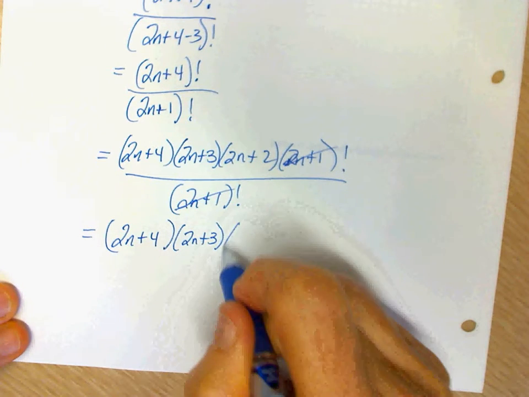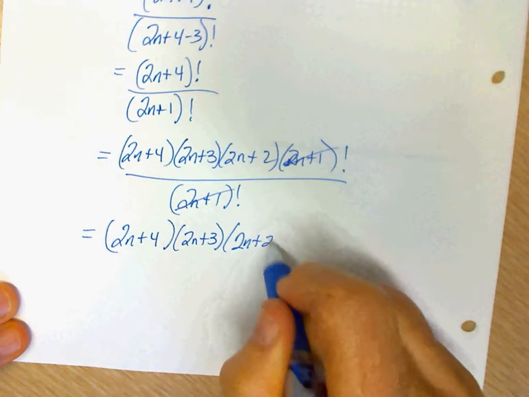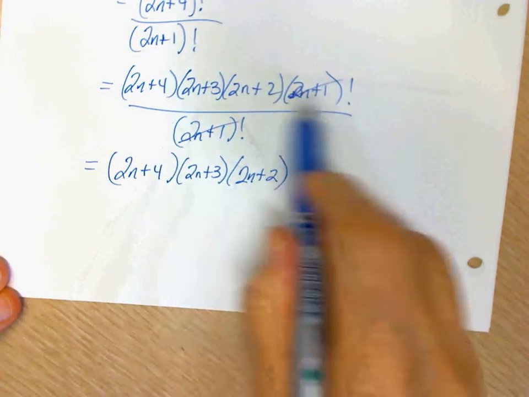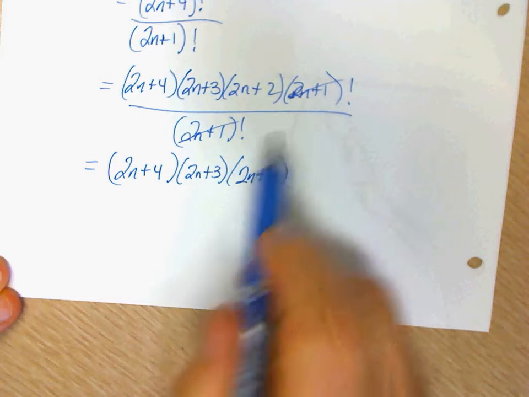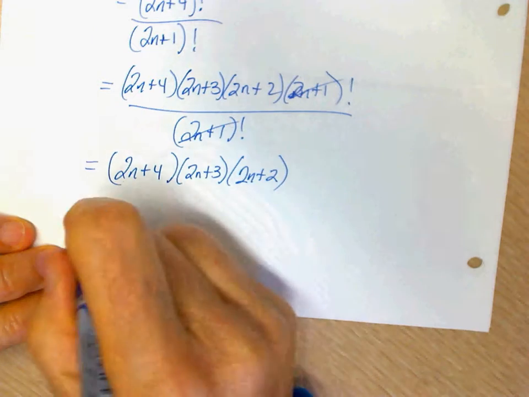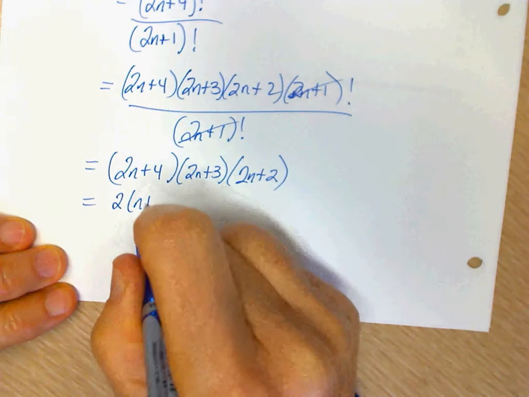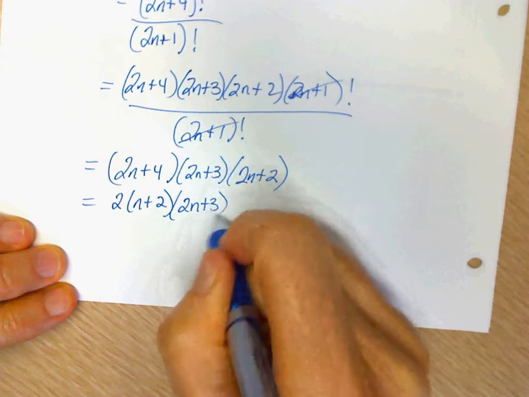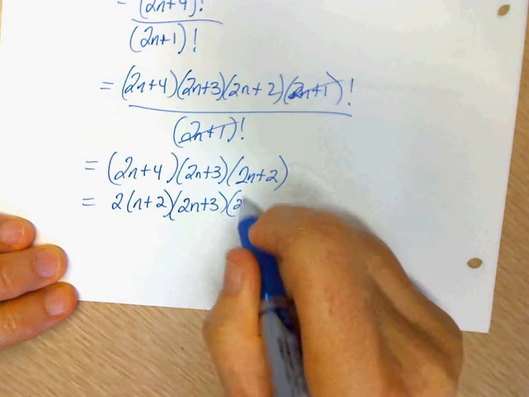times 2n plus 2. Now, the trick to this question is realizing, now that we got rid of the factorial, you can factor out a 2 and you can factor out a 2. So let's do that. That's going to be 2 times n plus 2. That one we can't factor anything, but this is 2 times n plus 1.